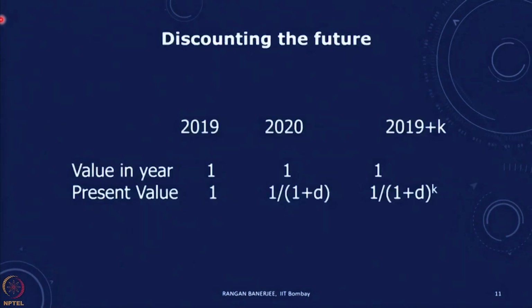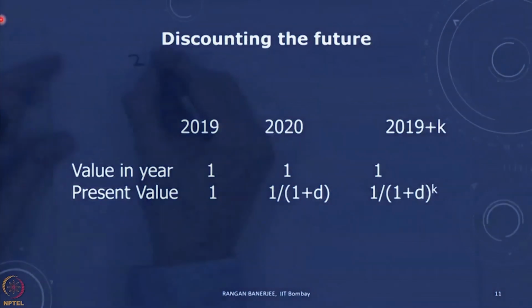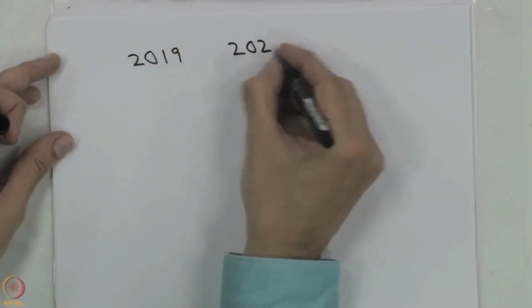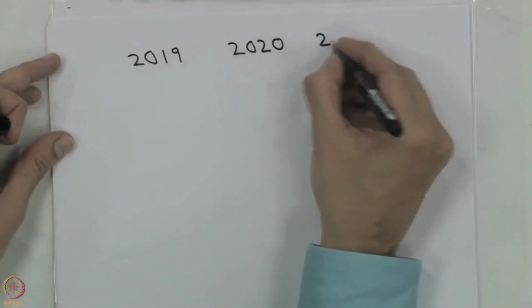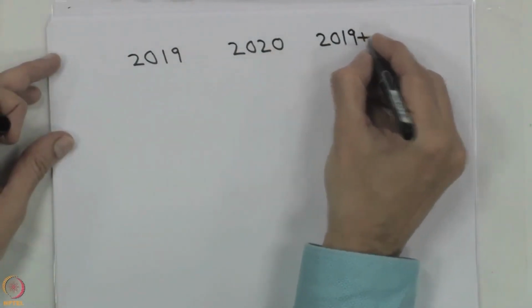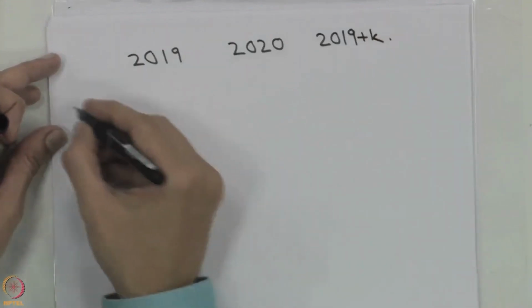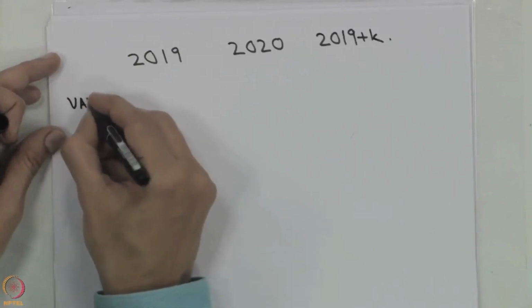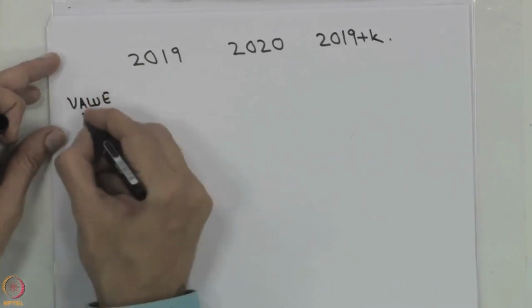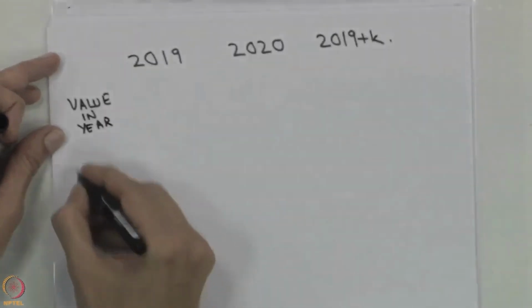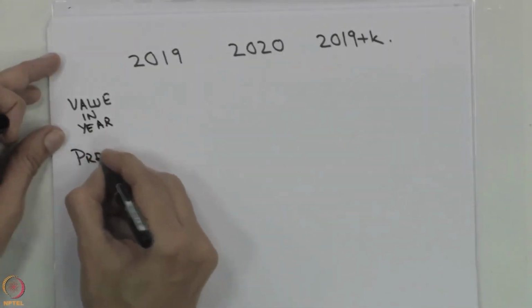So, for instance, if you have different years, we are talking of 2019, 2020, 2019 plus k. If we had the value in the year and the present value.